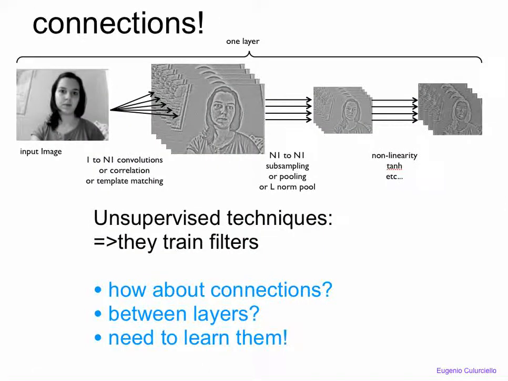So first of all, we really need to look at connections. If you are talking about unsupervised network, we're talking about the clustering learning. Like we looked at in the previous lecture on clustering learning, remember that unsupervised techniques train filters, so they find the filters that will create this map from a series of input. But what about connections? Usually you don't take just one input and convolve it by these filters.